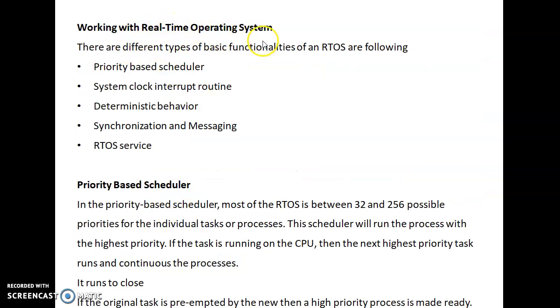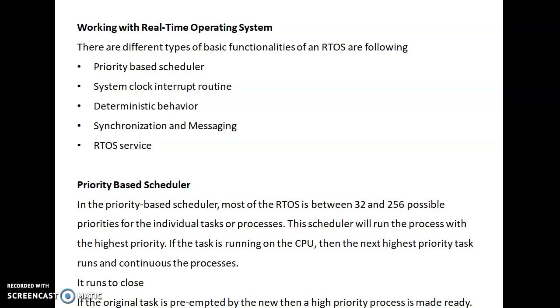Working of a real-time operating system: there are different types of functionality of an RTOS. These are the priority scheduler, system clock routine, deterministic behavior, synchronization and messaging, and RTOS services. Priority based scheduler: the scheduler prioritizes all the tasks over the CPU, as the CPU is the resource for all the tasks.